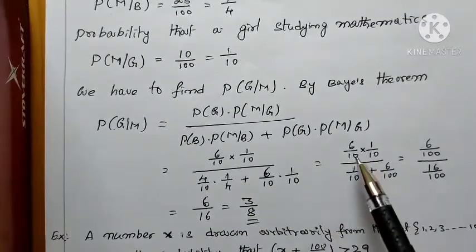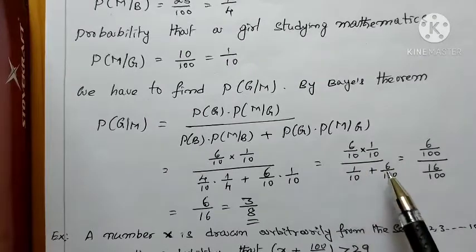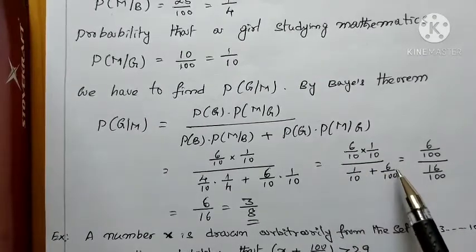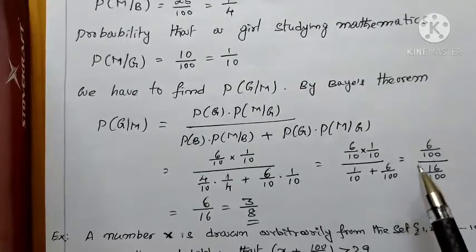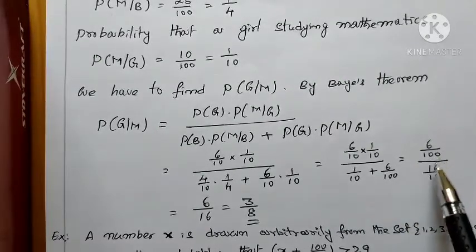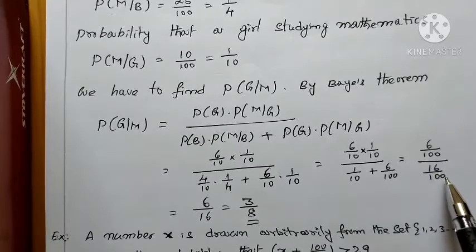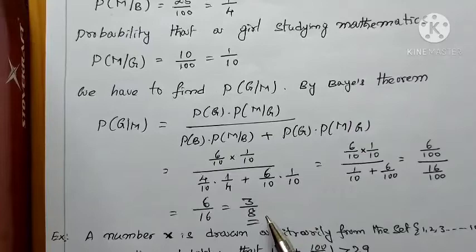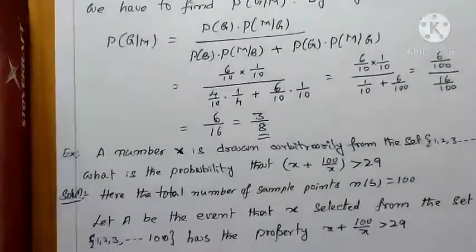That is equal to 6/100 divided by 16/100, that is equal to 6/16, that is equal to 3/8. Next problem.